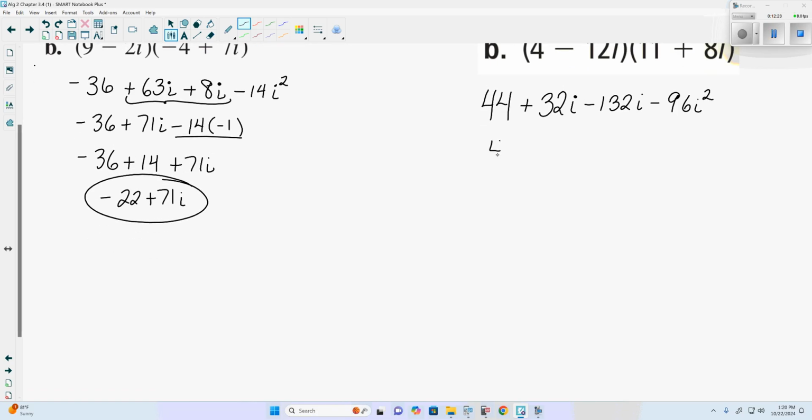44 plus 32i minus 132i is negative 100i.